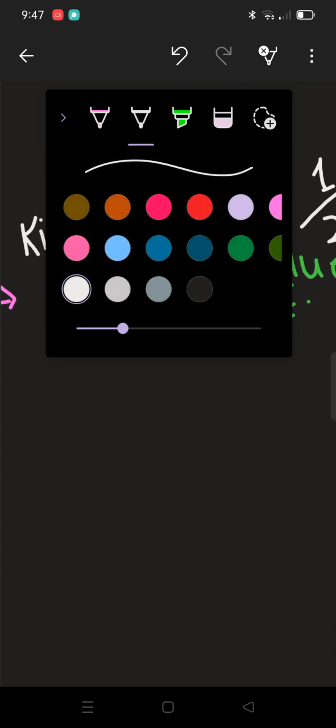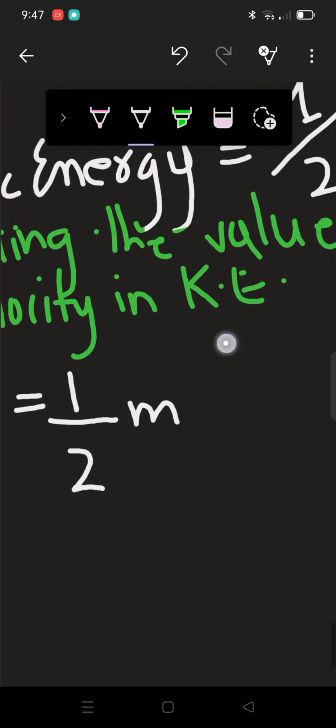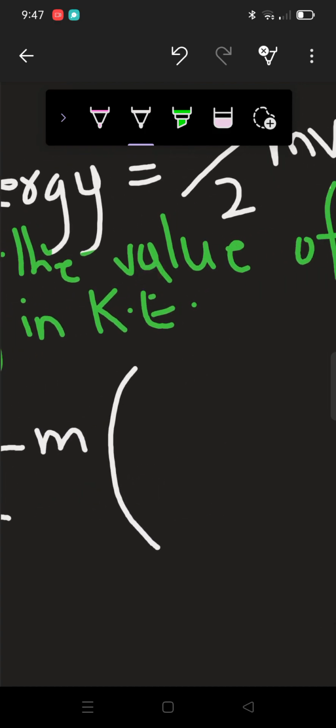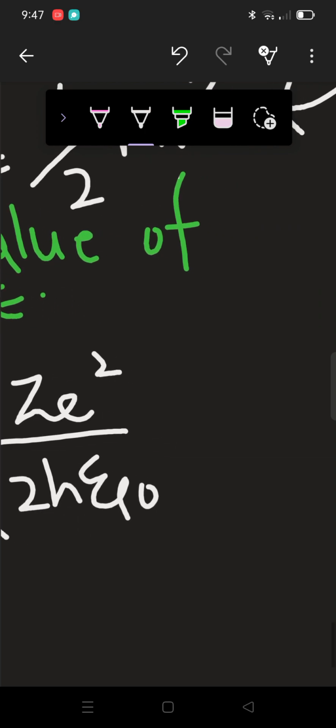Now we know that kinetic energy Ke is equal to 1 upon 2, m will remain the same. Instead of v we need to put the value, and that is equal to ze square upon 2h epsilon naught n.